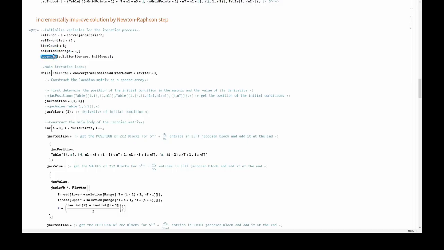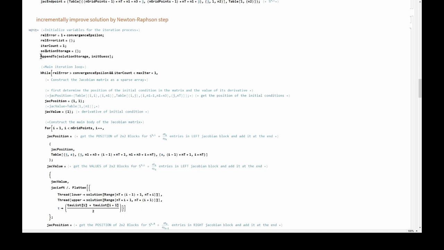Solution storage is for later, to store all the different solutions, only for pedagogical reasons, to see the iterative improvement, but in the end you're not interested in the in-between solutions, you only want the final solution.